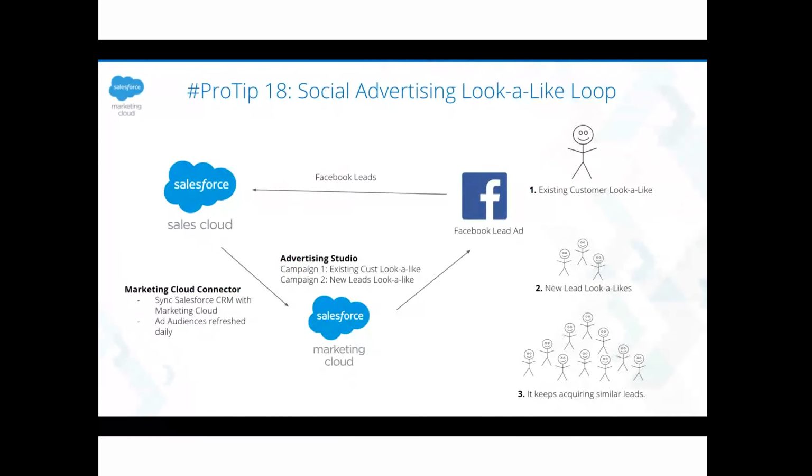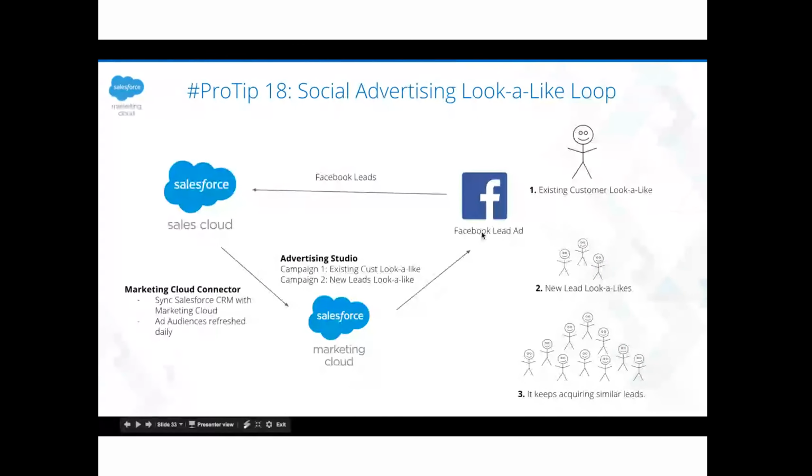Pro tip 18, which is very tied, is the social advertising lookalike loop. This is the holy grail of CRM targeted advertising. I'll just walk through this very quickly. We already understand the Facebook lead ad. We already understand how we've got an existing customer lookalike, or we can create lookalike audiences.